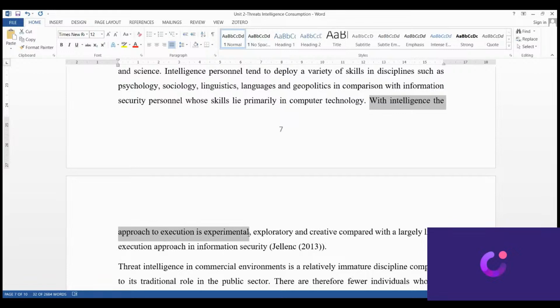Exploratory and creative, compared with a largely linear execution approach in information security.